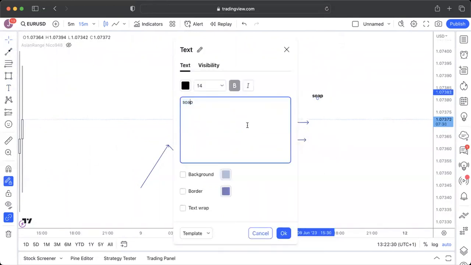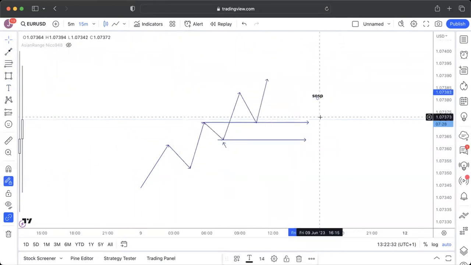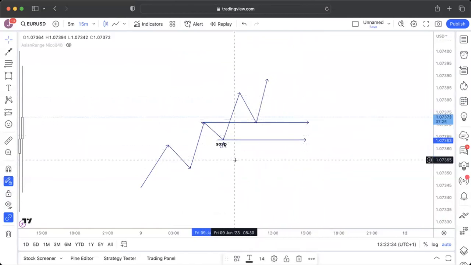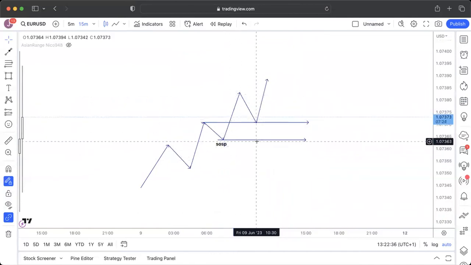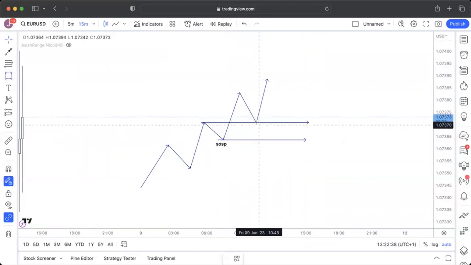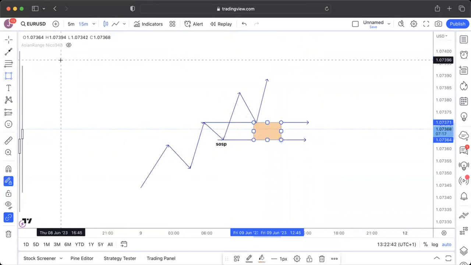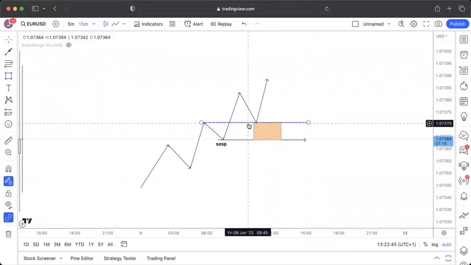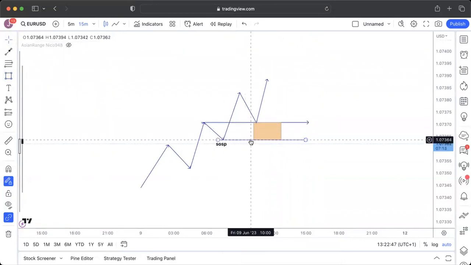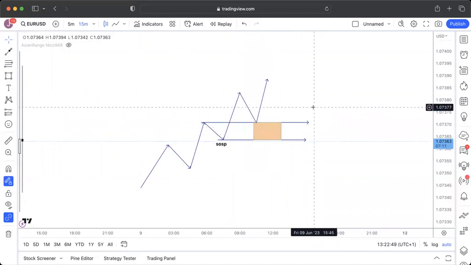That says SOSP. The start of structural push. And this is where price can retest in. So what we actually know is that price can retest anywhere from here to here in this region, either on this level or between them, and still be valid for our structure.